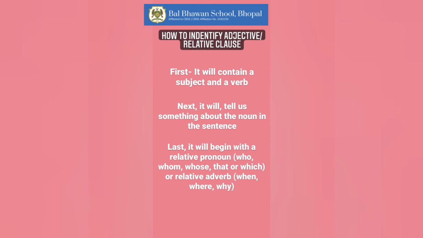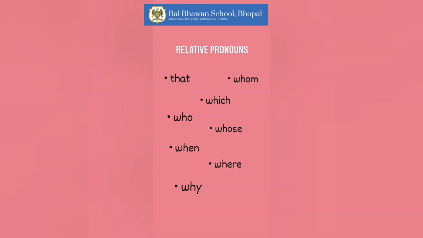Talking about the relative pronoun and relative adverb, children, an adjective clause starts with a relative pronoun or relative adverb. These are basically the conjunctions of an adjective clause. Some of them could be the subject of the clause also.